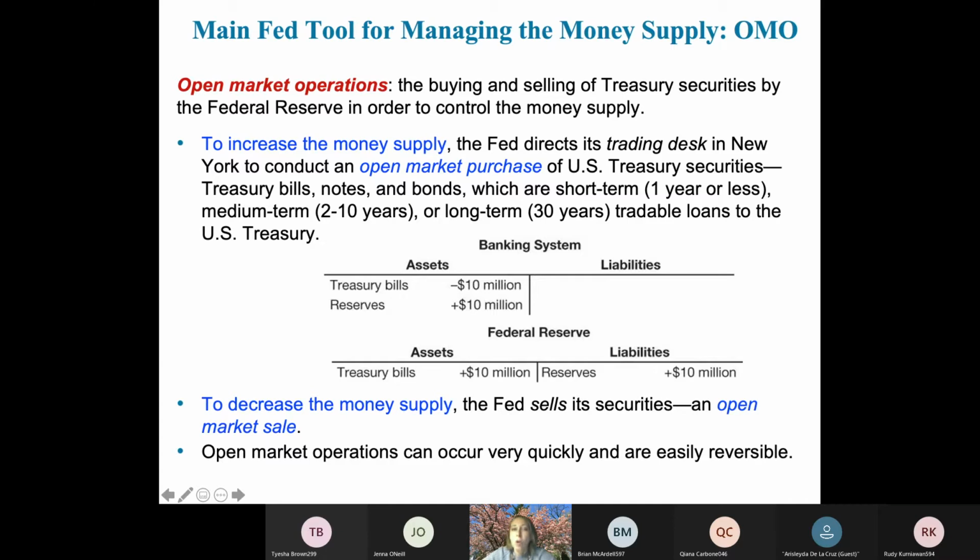And so they sell. And how this happens is the banks sell treasury bills, right? So they can say, we're gonna sell $10 million of treasury bills, and in exchange they receive $10 million on their reserves. So maybe Bank 1 receives 1 million, Bank 2 receives another million, Bank 3 another million, right?